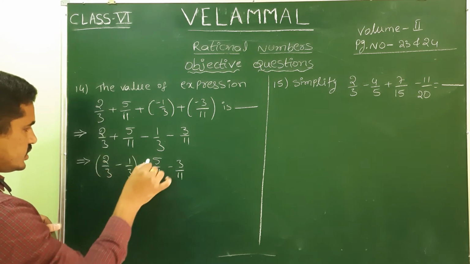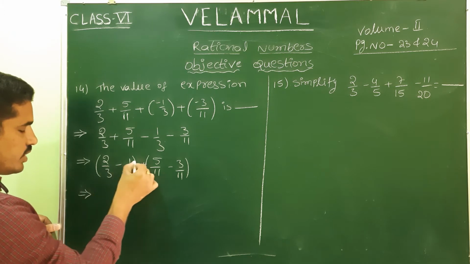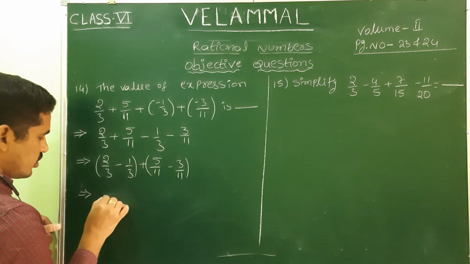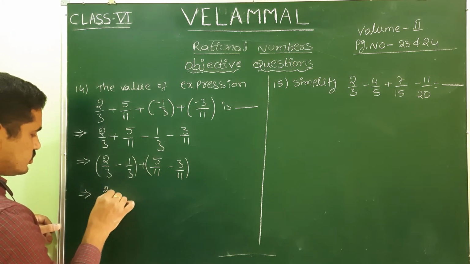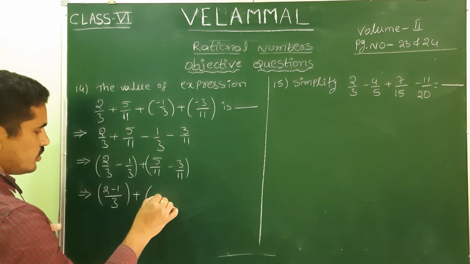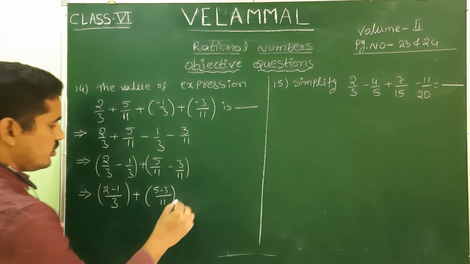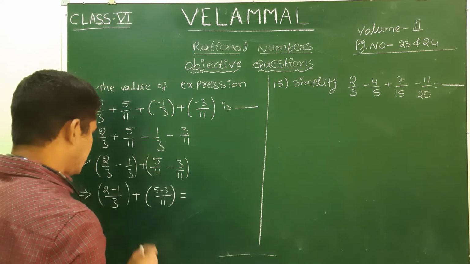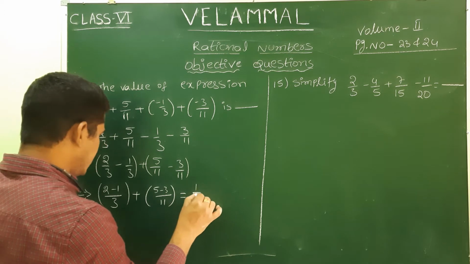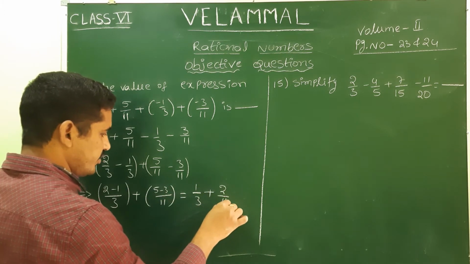If we consider these as like fractions, then 2 by 3 minus 1 by 3: the common denominator, we take 2 minus 1, plus the common denominator, we take 5 minus 3. Doing this, we get 1 by 3 plus 2 by 11.